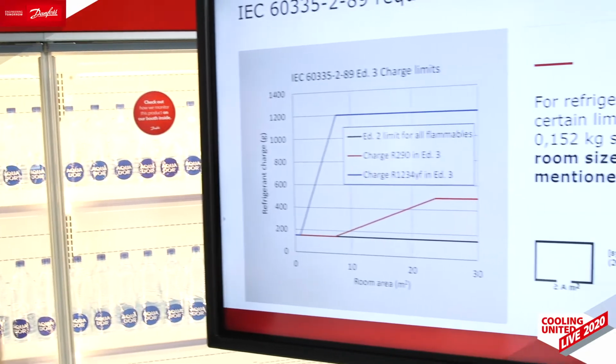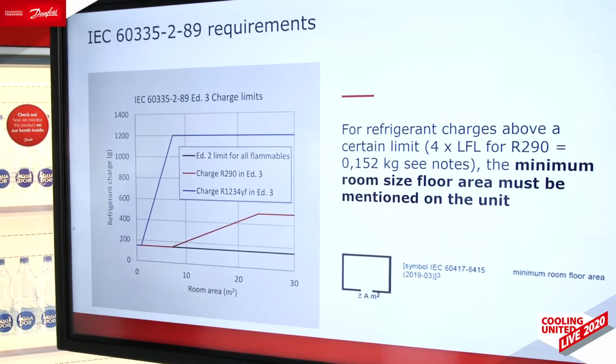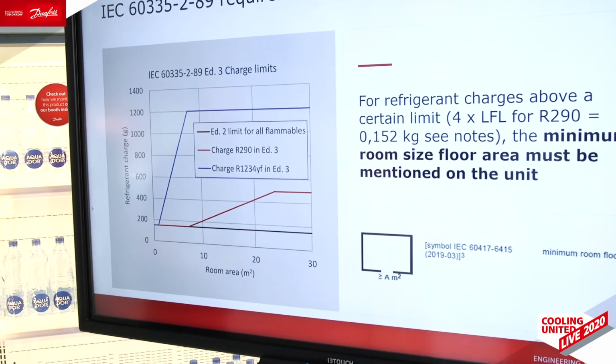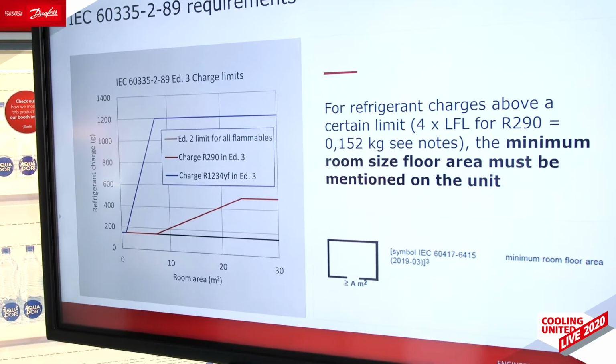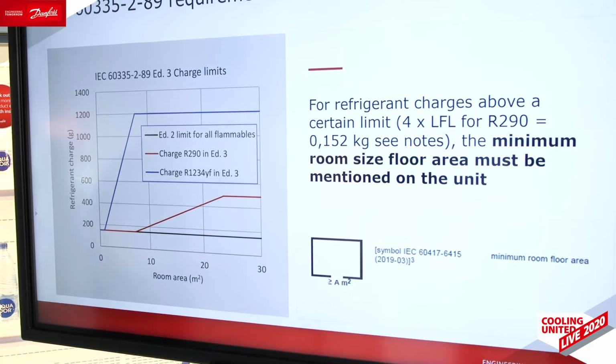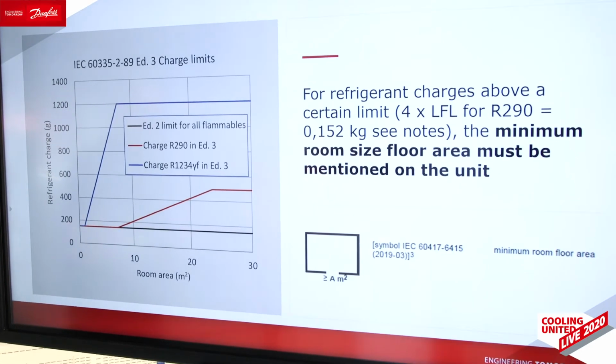With the last revision of the standard, you can go up to 500 grams of refrigerant. But as you can see here, for refrigerants above a certain limit of 4 times the lower flammability level of R290, that would be these 150 grams, there's a minimum room size mentioned for the unit.